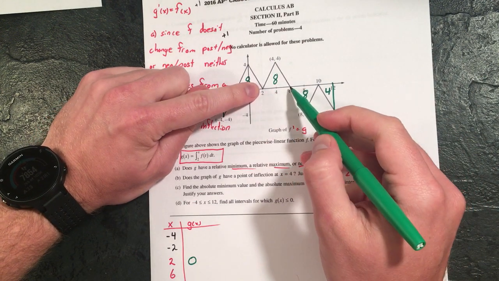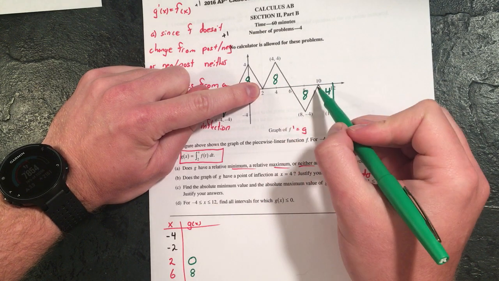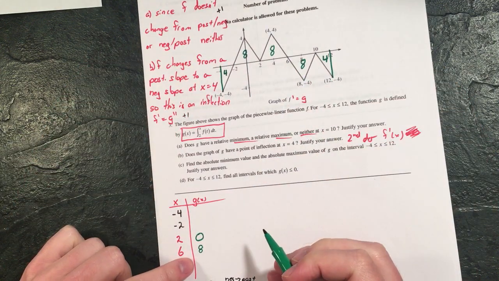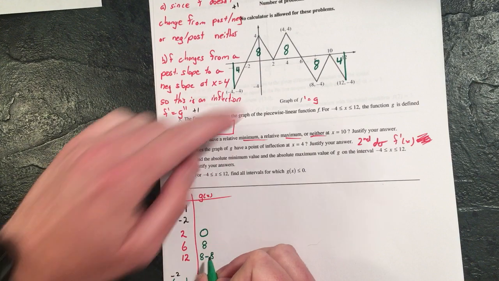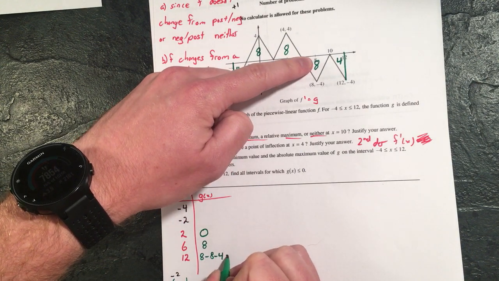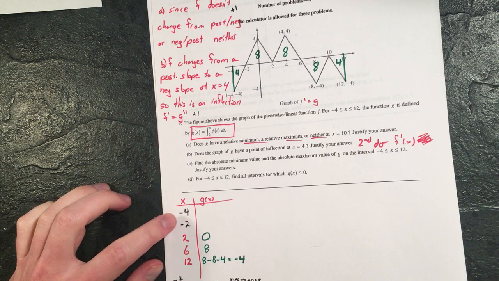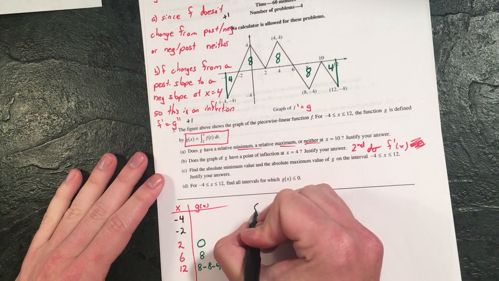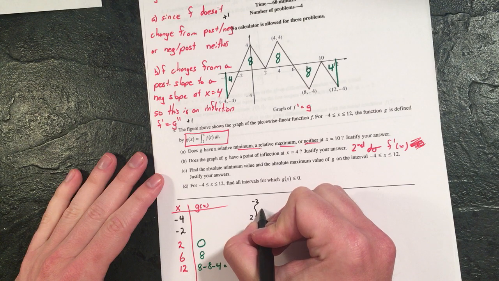Then we go up to 6. That means it gets 8 larger. Then we go along, since it's under the curve. All of a sudden, if we were trying to find 12, we have this initial 8, but then we'd be subtracting the other 8 and subtracting the 4, which would mean this one is a negative 4. Okay, let's look at this negative 2. And what's going to be important here is to think of the actual integrand setup here.